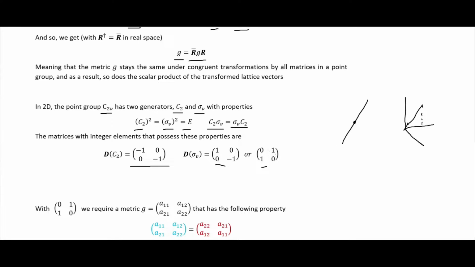Then this one with the off diagonals would change the x component into the y component and the y component into the x component is what that is doing. And so those are the reflections, or the matrices we can use for reflections.